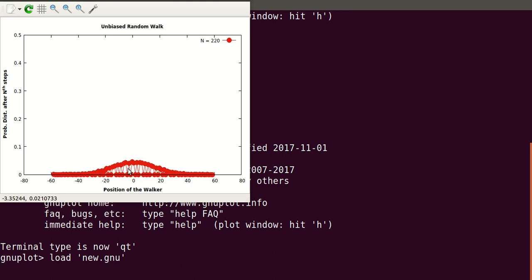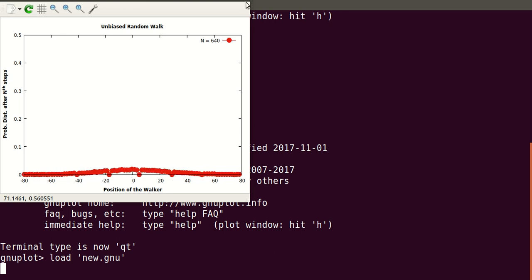The Gaussian is not propagating to the left or right; it is evolving about mean 0. It is not propagating anywhere, either on the left or right. So this is the unbiased case.